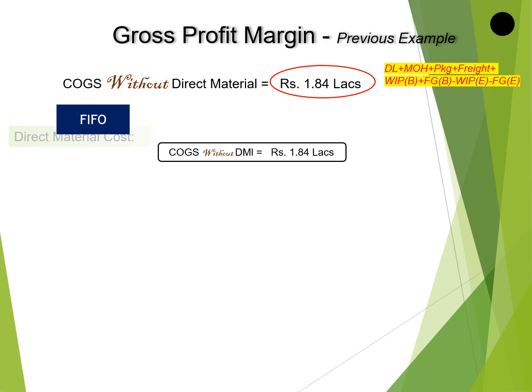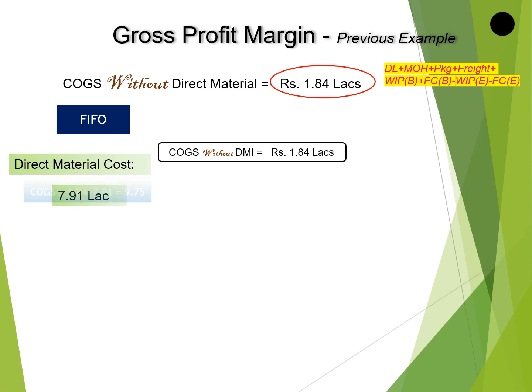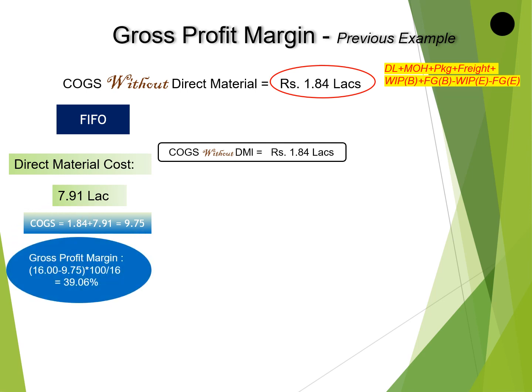Now when we take the FIFO method, the direct material cost was coming 7.91 lakhs. As such, the COGS shall be 1.84 plus 7.91, that is 9.75 lakhs. The gross profit margin as such shall be, 16 was our revenue.